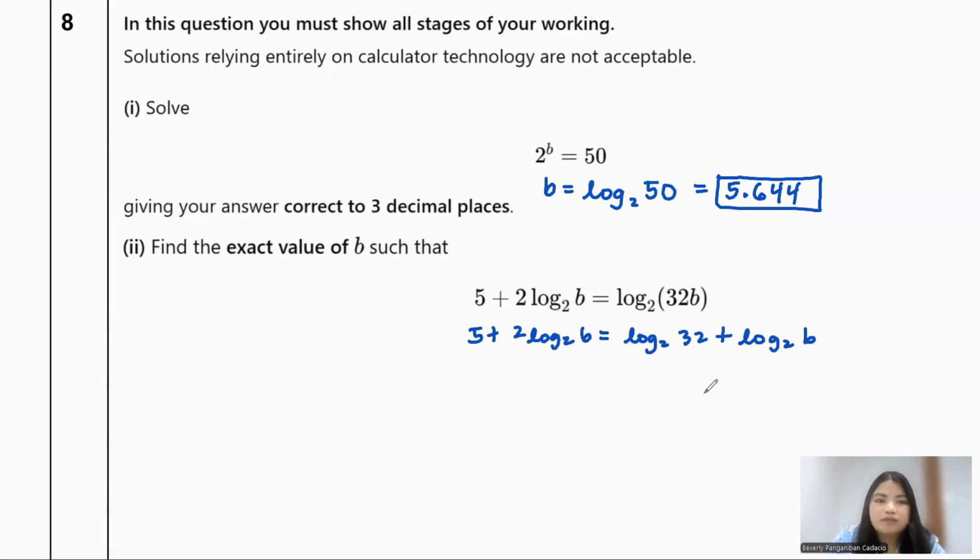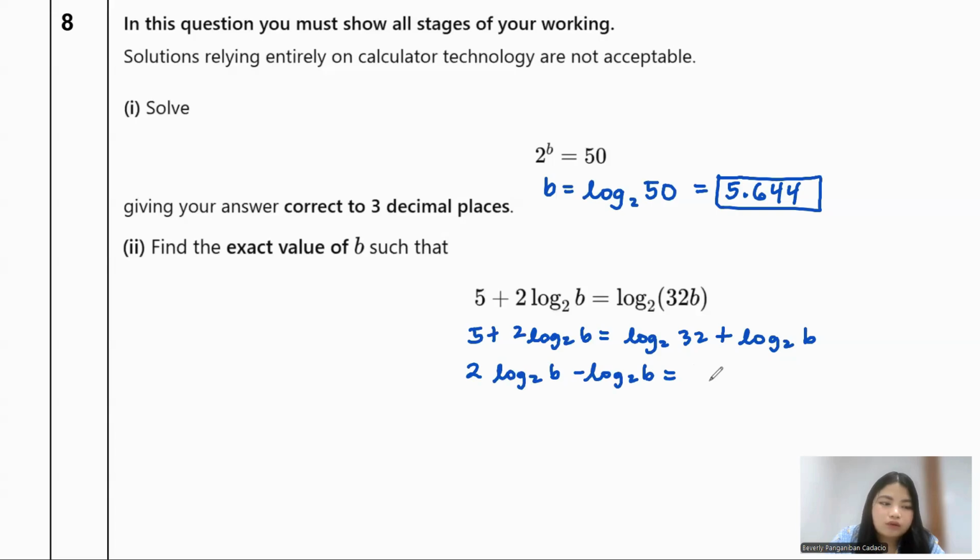And then since I'm asking for the value of b, I need to combine all my logs together or maybe arrange it properly first. 2 log 2 b minus log 2 b, putting this on the other side. And then I will have log 2 of 32.